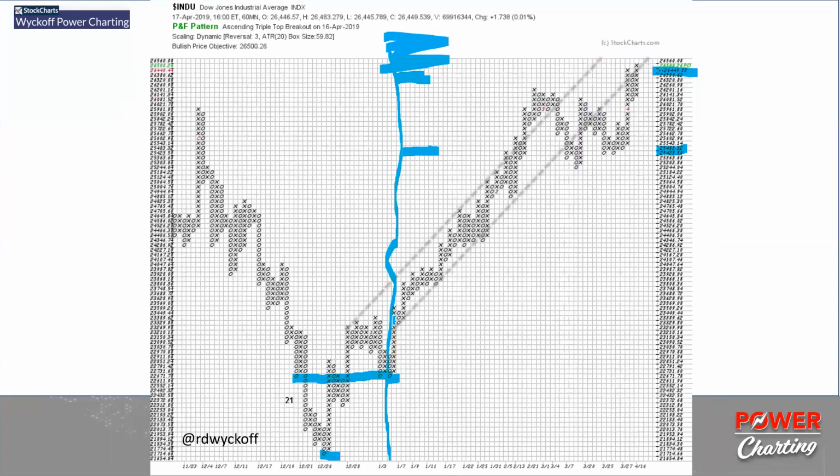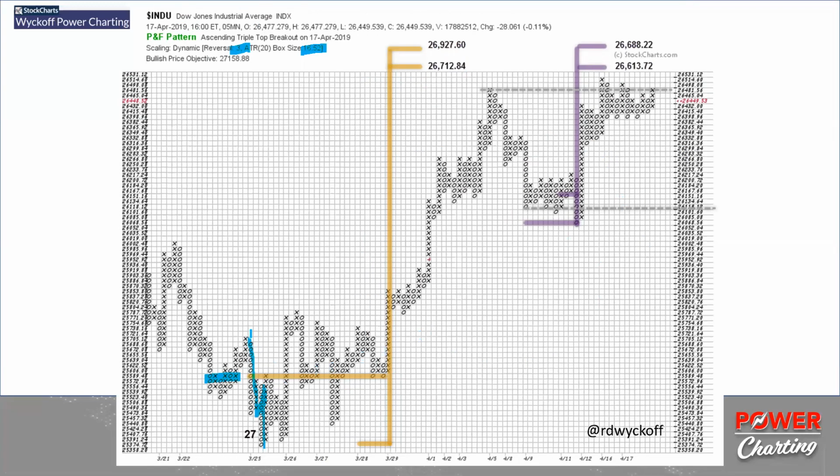And as a matter of fact, let's go back. This is the area that we're counting right here. So you can see it's really quite small on the larger 60-minute chart, and we get much more detail when we go to 5-minute, where we can see a lot more.